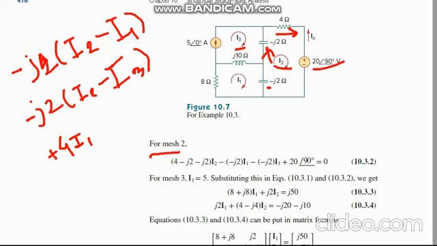So all are the same direction, plus minus, plus minus. So all the directions are the same, so that will be plus 20 at 90 degrees, equal to 0. So that is equation number 2.